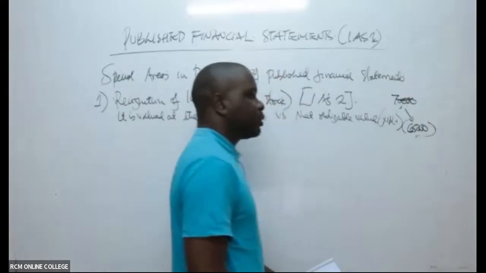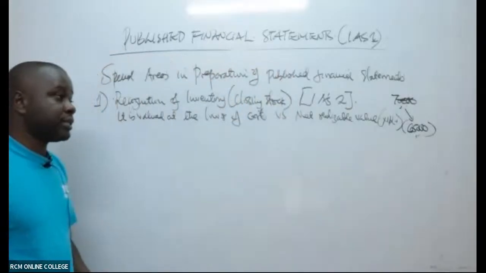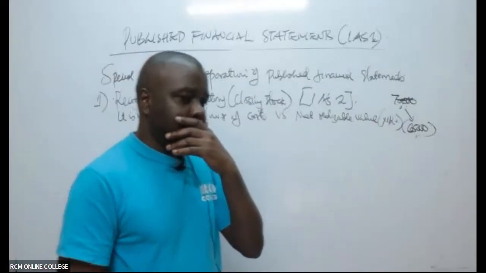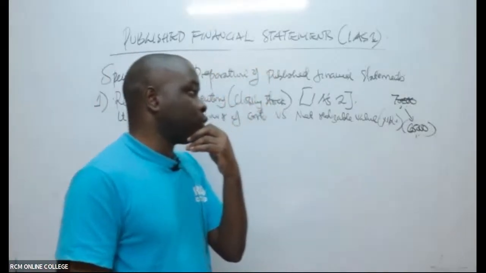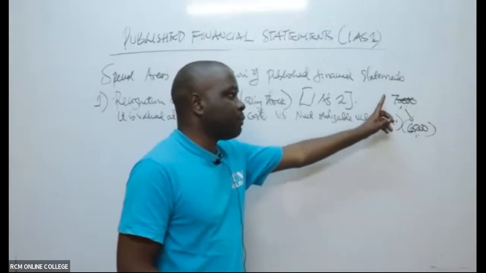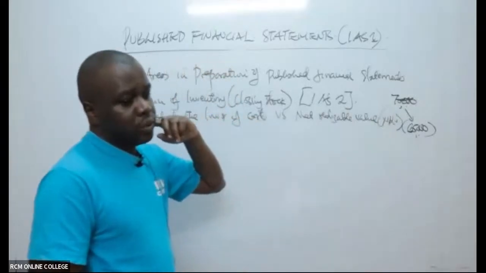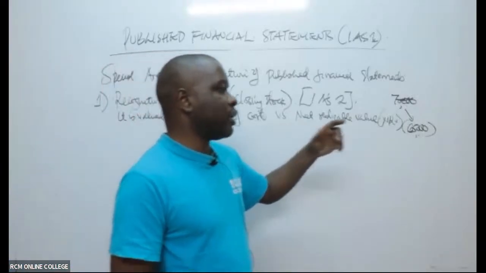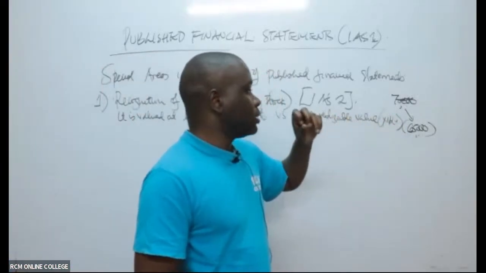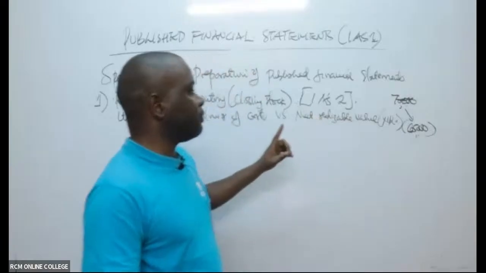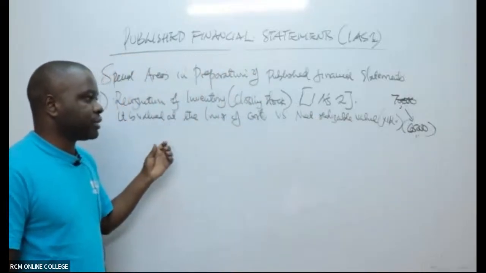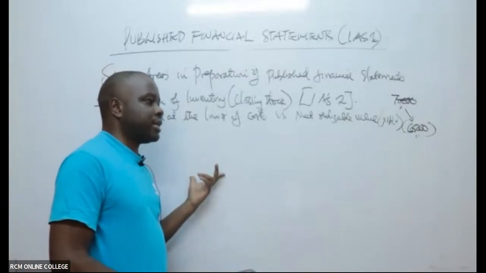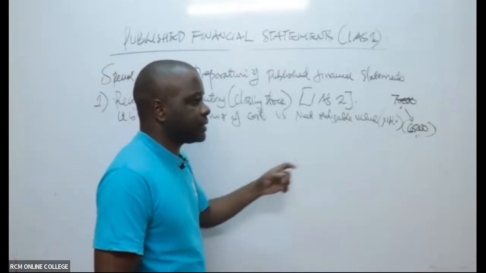Obviously, when you purchase items, you are expecting to sell them at a profit. But there can be a number of factors that cause you not to realize even the amount you purchased those items for. You'll end up disposing of them at a lower value. If that is the case, when you are valuing this inventory for the balance sheet, or when calculating the profits in the P&L or the income statement, you'll take 65,000.